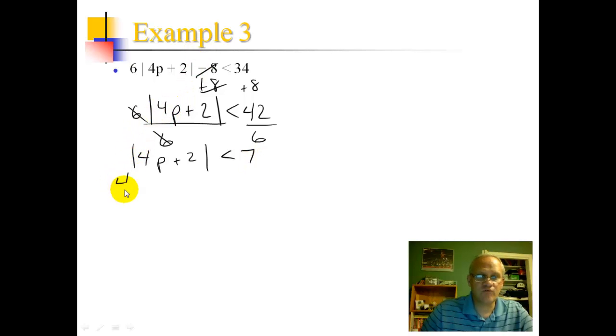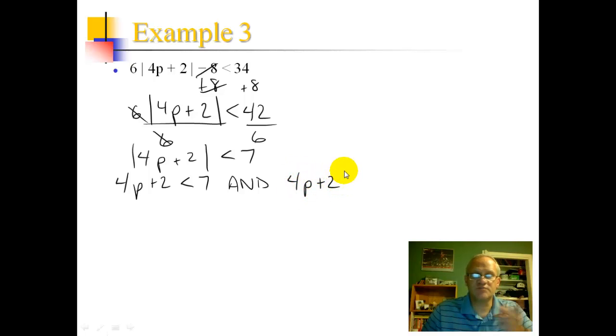So we've got 4p plus 2 less than 7, and 4p plus 2, we switch both parts. So it was less than, so now it's greater than negative 7. And we solve each part separately. So I'm going to go here, minus 2 to get rid of the plus 2. 4p is less than 5, and divide by 4.